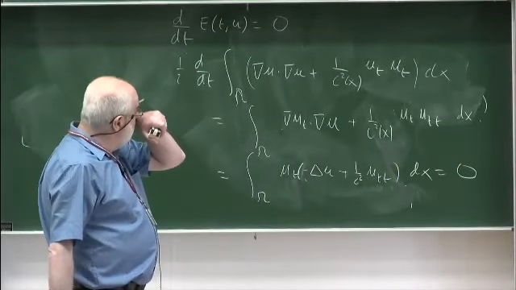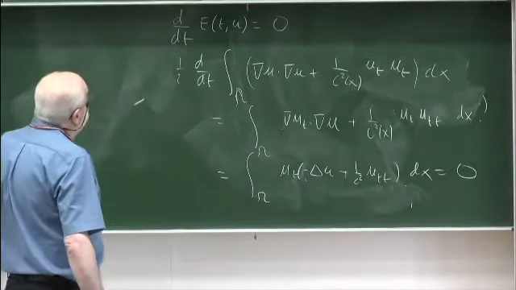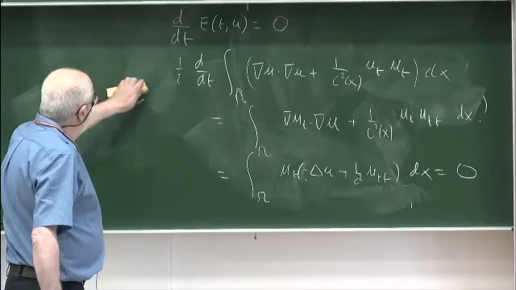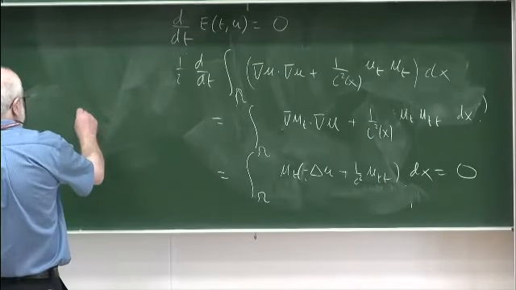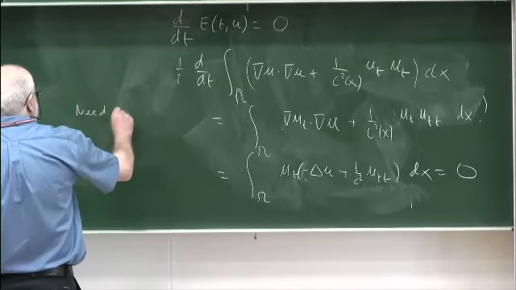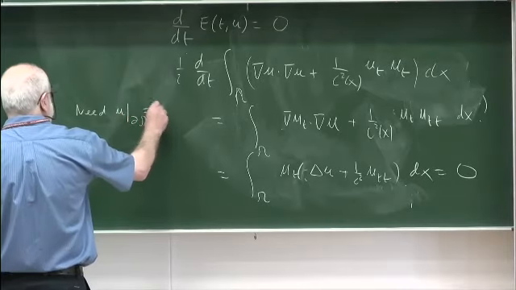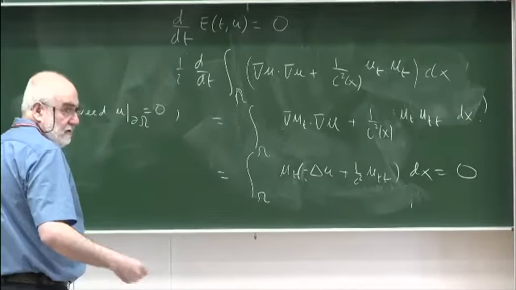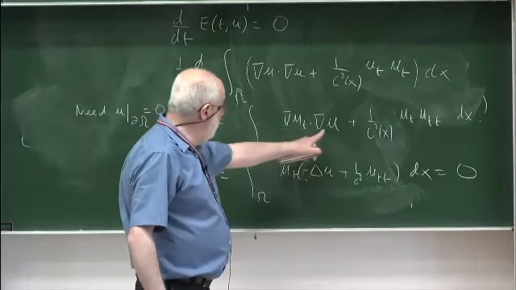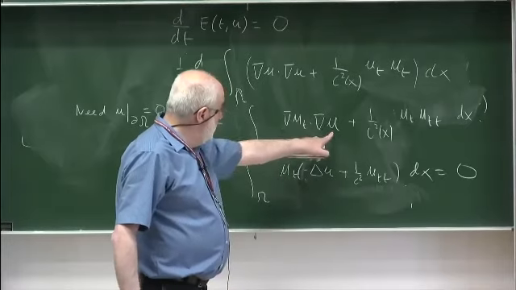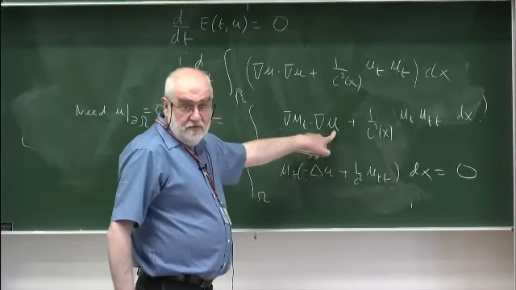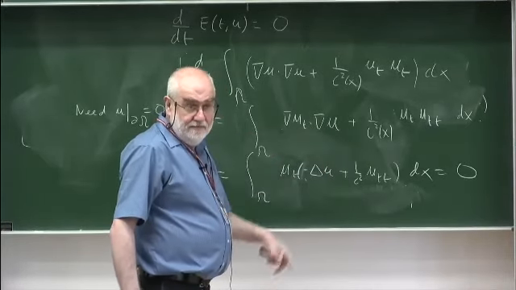So energy is preserved. And for this calculation, I'm going to use this a little bit later. We only need u at the boundary is 0. You don't need the whole C0 infinity. When we integrate by parts here, we don't want to get contributions at the boundary.